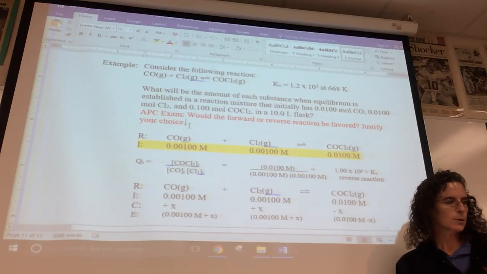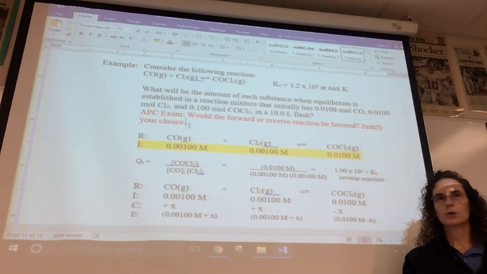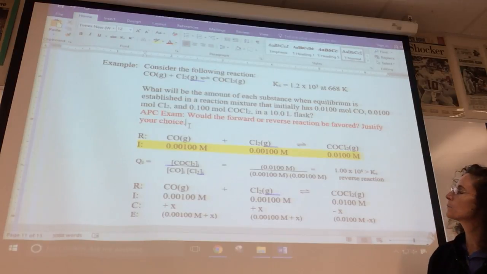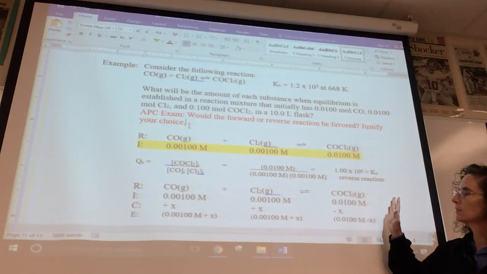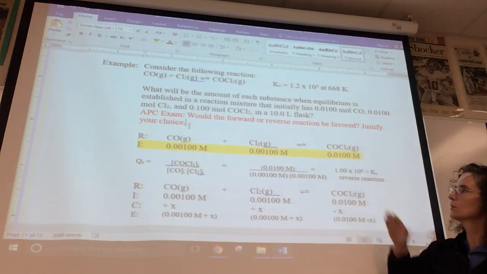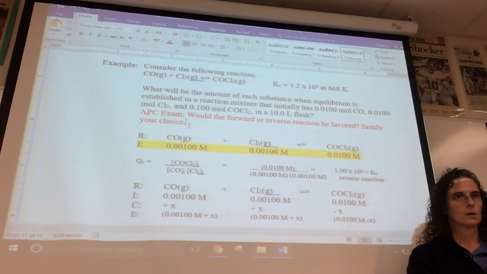But even these numbers that look miserable are really pretty easy if you deal with scientific notation, which I'll show you. All of a sudden, for the first time, we're given initial amounts of everything. So it's not obvious if the forward or reverse direction is favored.